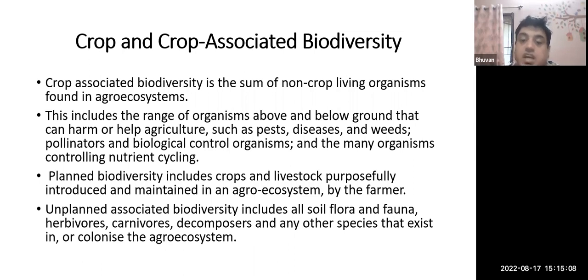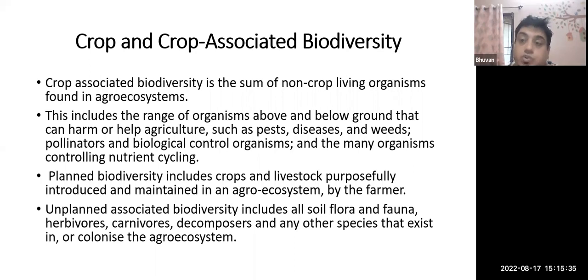And then we have the unplanned biodiversity, which includes your soil flora and fauna, such as earthworms, and also various kinds of wild pollinators, not introduced ones, like bees, bumblebees, honeybees, and butterflies. They are all part of this.